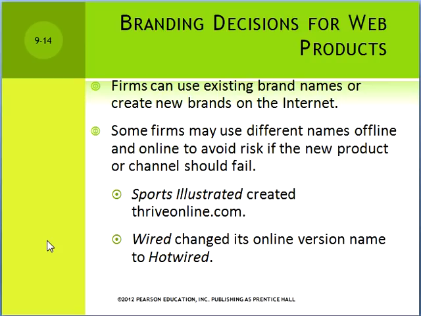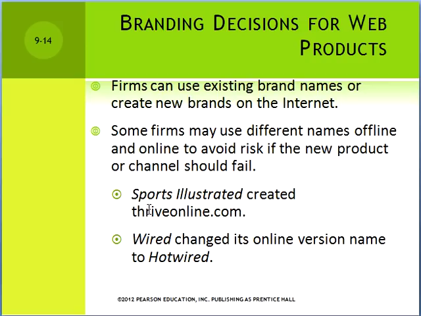In that case, it becomes a really serious issue because then it will affect your offline banking as well, in the case of a bank, of course, right? So this is why lots of firms try to use different names offline and online, to avoid the risk if the new product or the channel should fail.